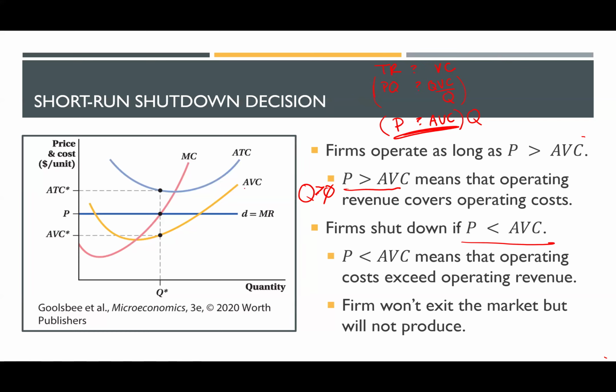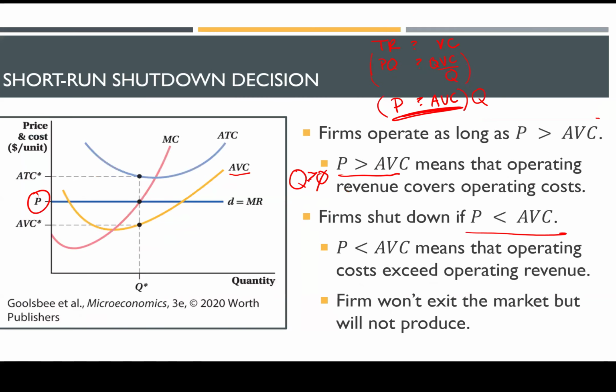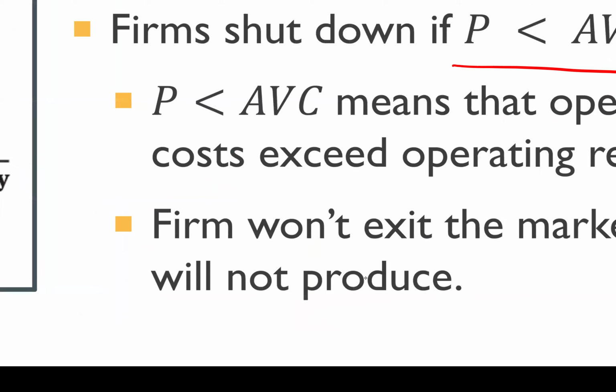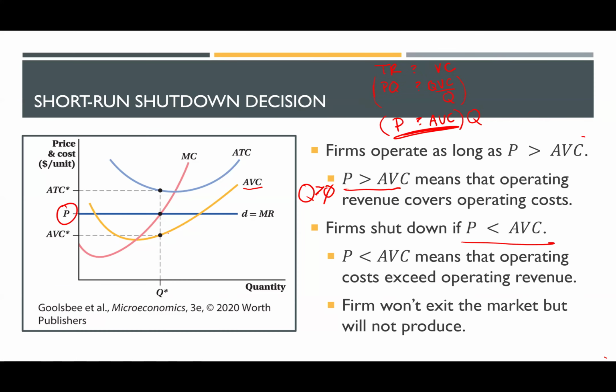So our average variable cost curve here is this yellow curve that's below the blue one. And what we're doing is comparing it to the price line, so to that demand curve. What's graphed here is a situation where price exceeds average variable cost at the level of output.